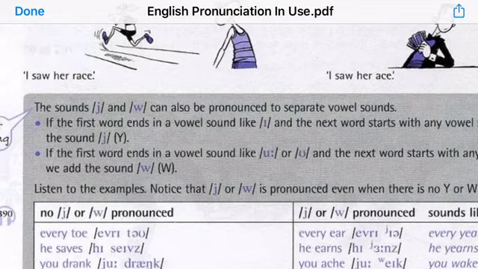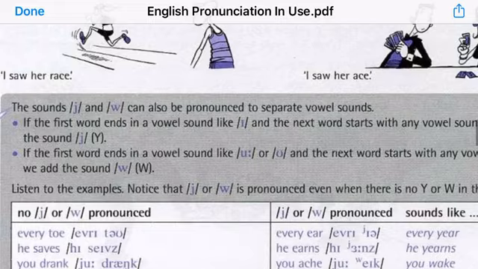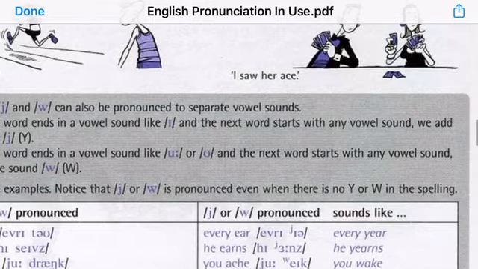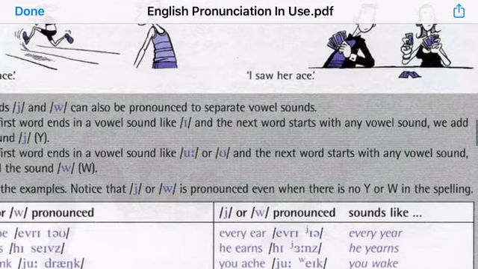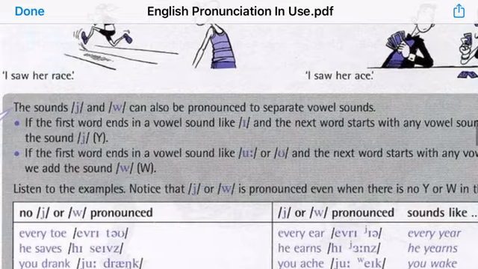So if we have two words and the first word ends with a vowel sound like short E, like this one, and the next word starts with any vowel sound, we add the sound Y in between these two vowels. This example would be "every year."